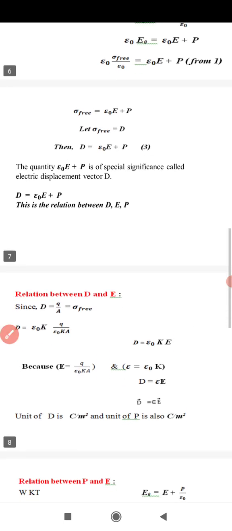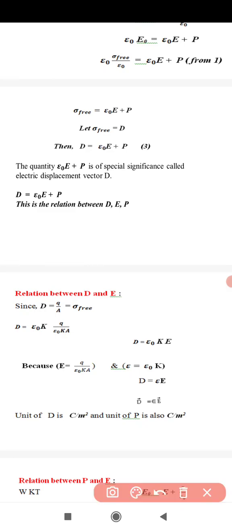So, certain relationships between the electric vector and the displacement vector. We know that the displacement vector D is equal to sigma free, which is a ratio of charge per area. In this equation, multiply and divide the right hand side by epsilon naught into K. This whole term, Q divided by epsilon naught K A, is equal to the applied electric field.